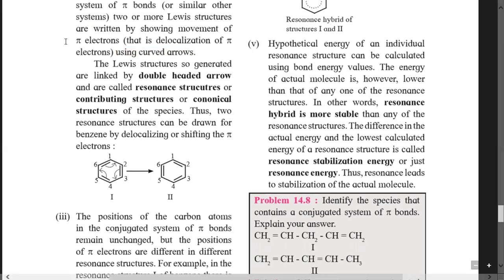In the structure given below, carbon 1 and 2 have a single bond, then 2 and 3 have a double bond. Similarly, alternate single and double bonds are present in the benzene ring. Here the electrons of the double bond are shifted to the single bond position, and this can be shown with a curved arrow. The arrowhead points towards the movement of the electron.